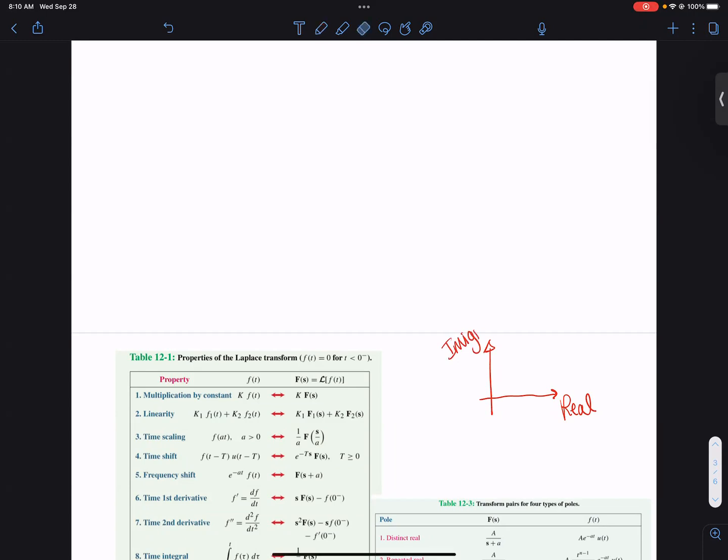I'll put J for imaginary. So imaginary and real axes, that is very similar. And what we're going to see, if we don't get to it in this class, is that S can be related to J omega, and then it helps us understand frequency.